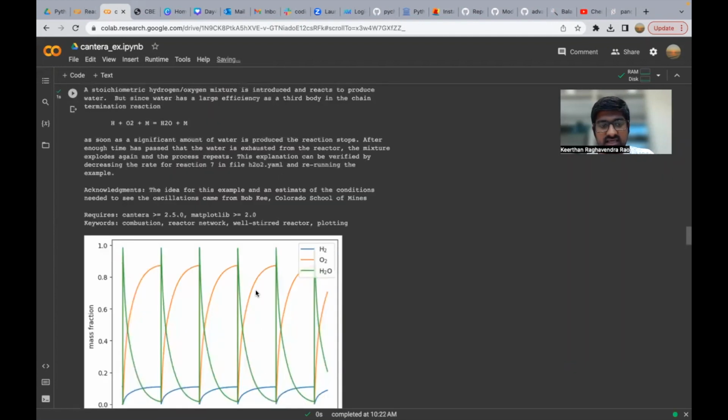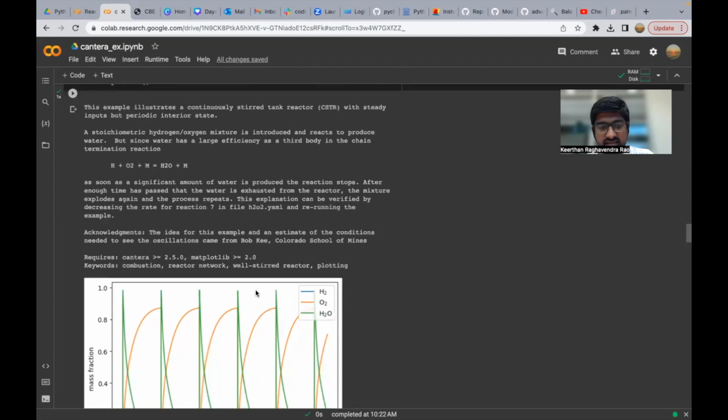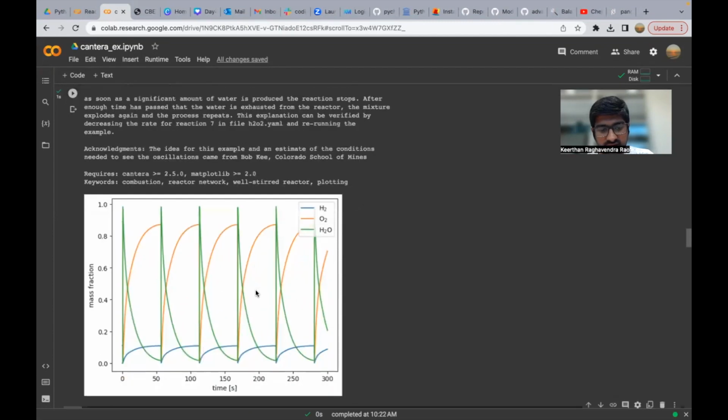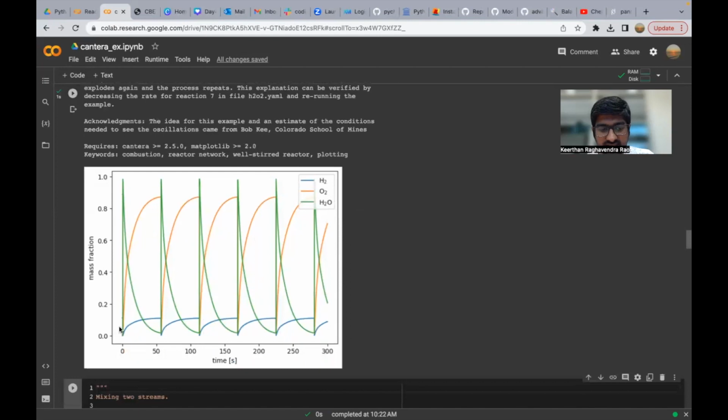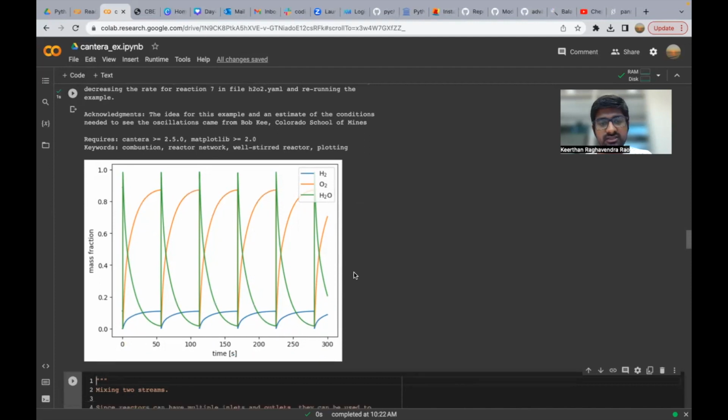This is a continuous stirred tank reactor, but there's some sort of periodic behavior happening here. It looks like at certain time instances, they flush the entire reactor and start fresh. The legend says that these lines are concentrations of different components. This is mass fraction versus time. So this is a nice plot for describing such a reactor.